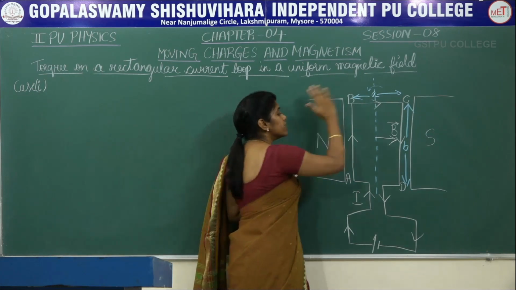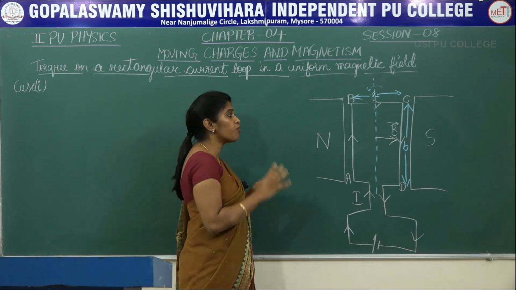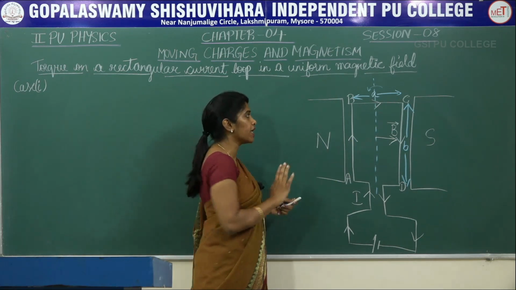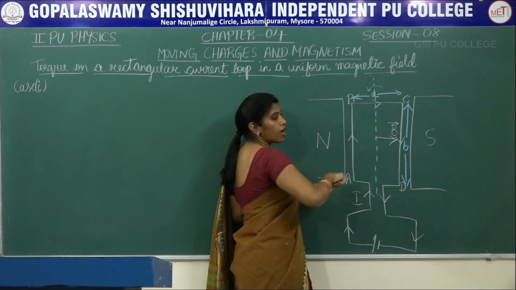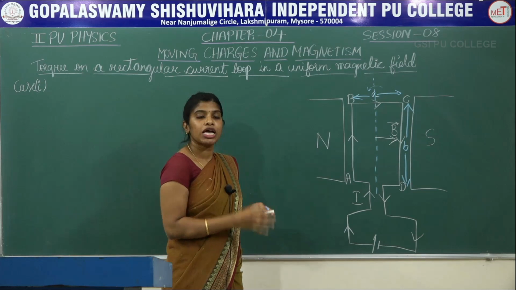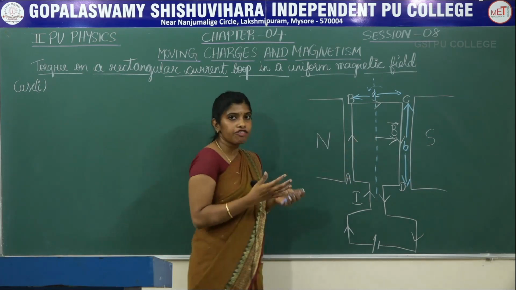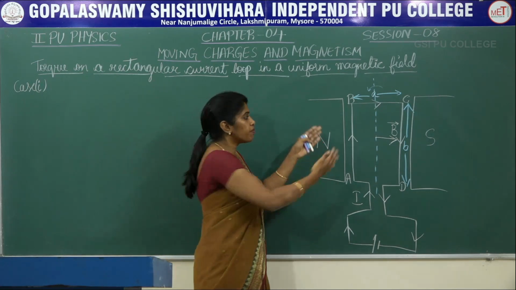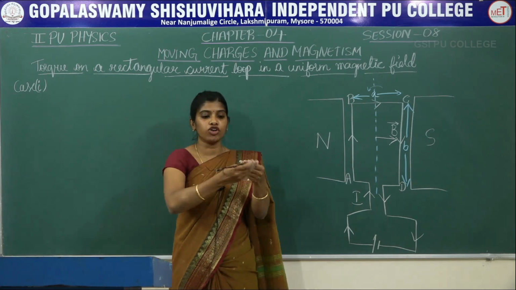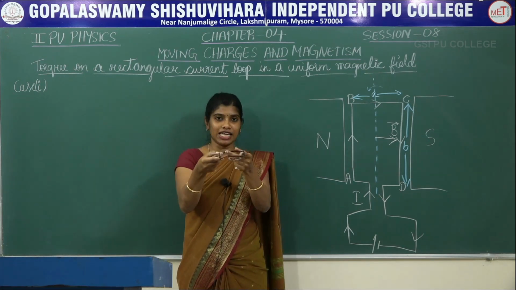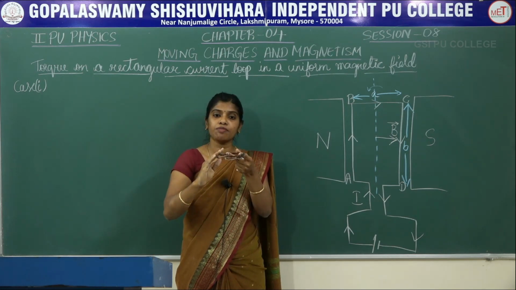As you know, this loop is going to act as a magnet, and its dipole moment direction will be, curl your fingers in the direction of the current, then your thumb indicates the direction of the magnetic dipole moment, and it is inwards. If I say that this plane is something like this, that is, if this is the rectangular loop, so I have placed it in this direction, then what will be the direction of the magnetic dipole moment?